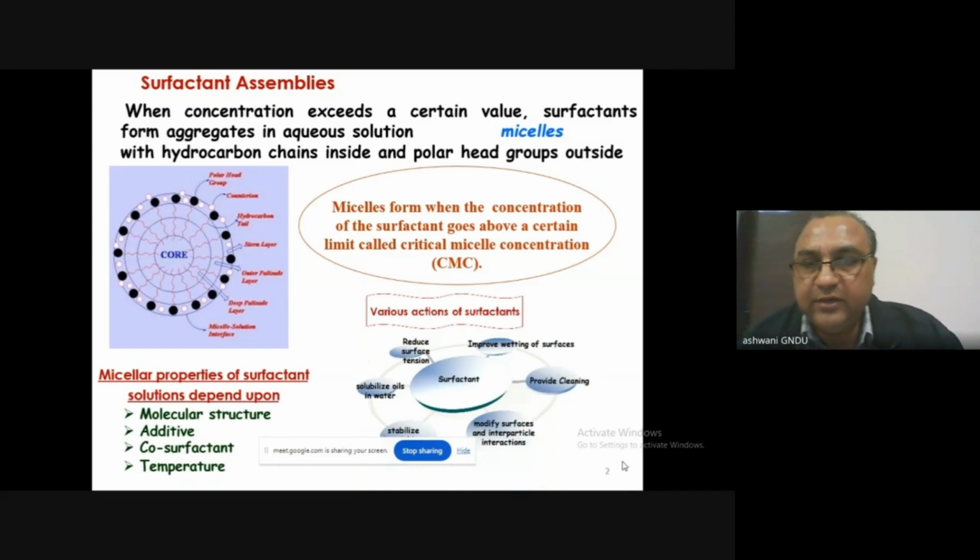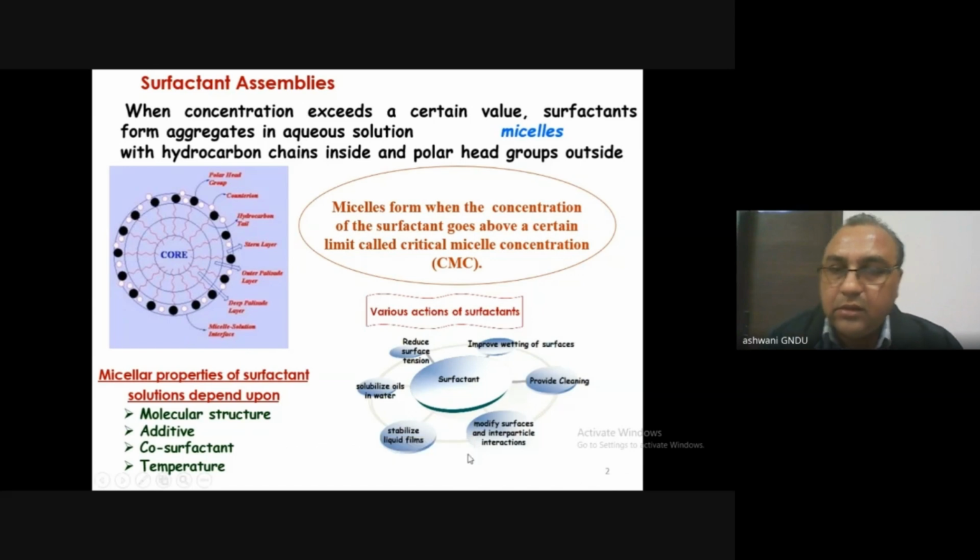Various actions of surfactants: these surfactants are used industrially in a large number of applications, including reducing the surface tension, improving the wettability, providing cleanliness, solubilizing oils in water or hydrocarbons in the hydrophilic portion, stabilizing films, or modifying the surface and other properties.